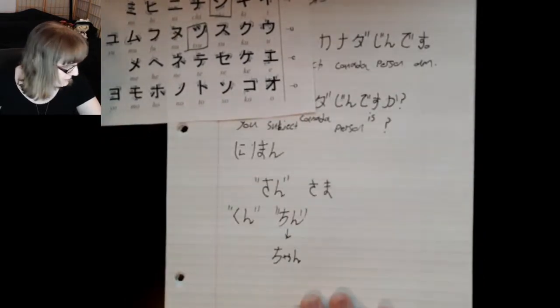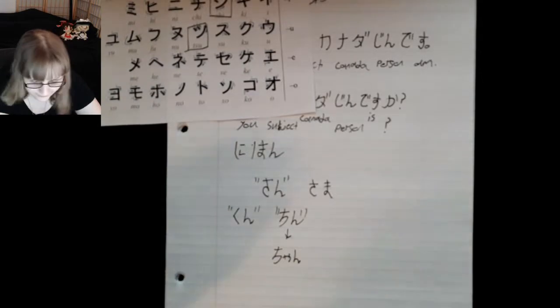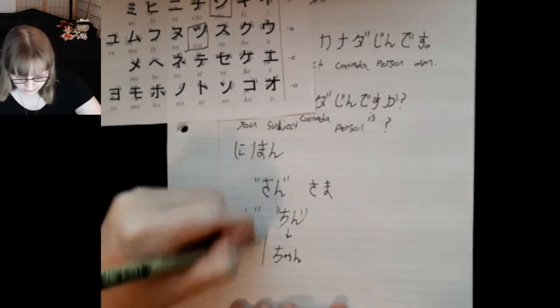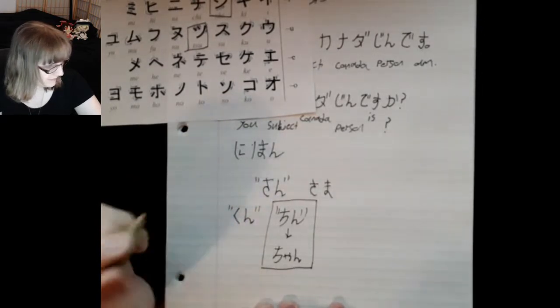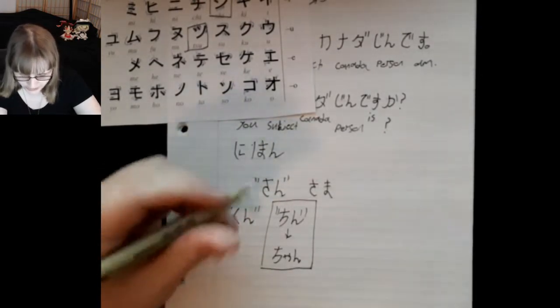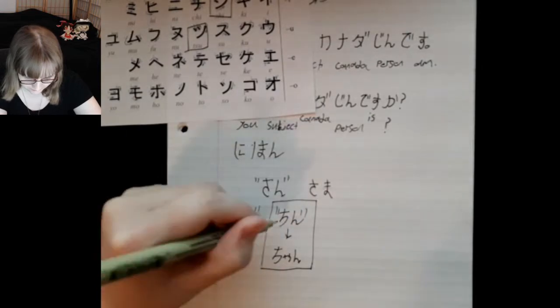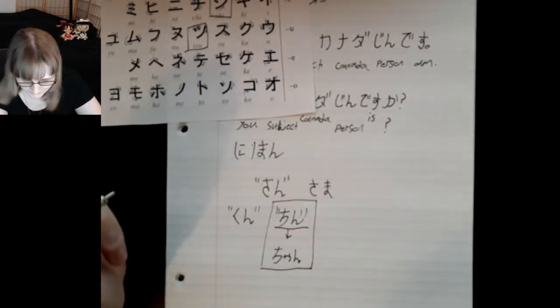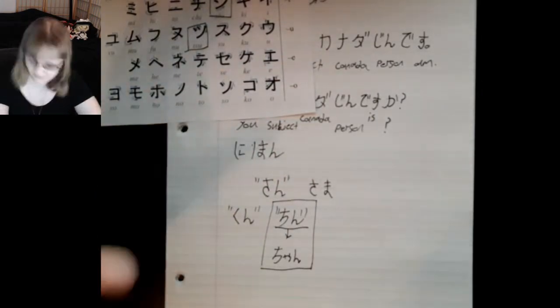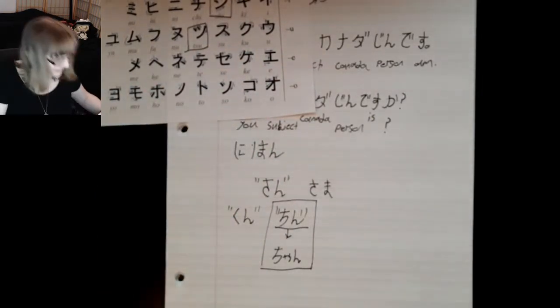Oh, I'm right at the bottom of the page. I'll make a note of that and make sure I'm right with my teacher. I'm not sure if I have that spelling correct, but it's either chan or chan. I think it's chan. I'm like 90% sure this one's right. But I'll look at that later. Sorry, I digress. Back to the lesson.